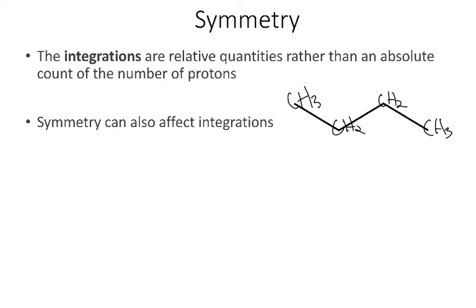And so we're going to have 2 signals. But rather than coming out as 6-4, because the integrations don't know that, the best they're going to be able to tell us is that the ratio is 3-2. And so to determine the exact number of hydrogens giving rise to each signal, unless I know the chemical formula, all we're going to know is the relative number of hydrogen atoms that each peak contains.